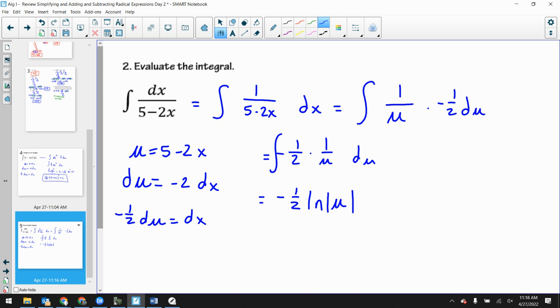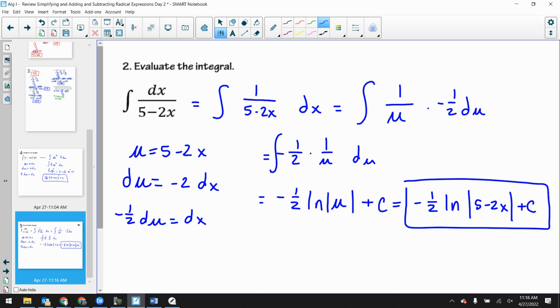I wouldn't take off if you didn't, but I should say absolute value. Plus c. So in the end, plug 5 minus 2x back in. Negative 1/2 ln absolute value 5 minus 2x plus c. Just double check that answer. Negative 1/2 ln 5 minus 2x plus c.